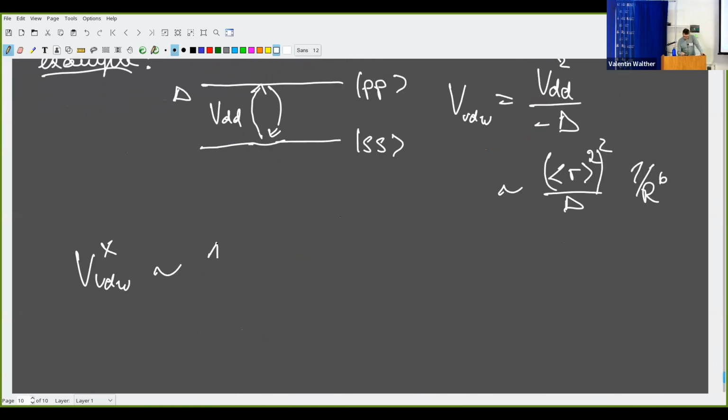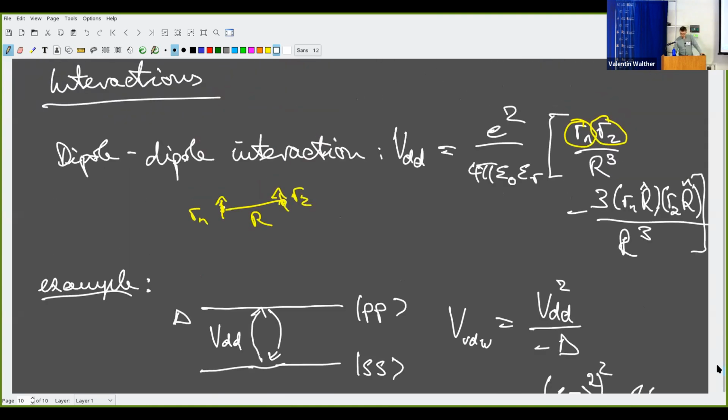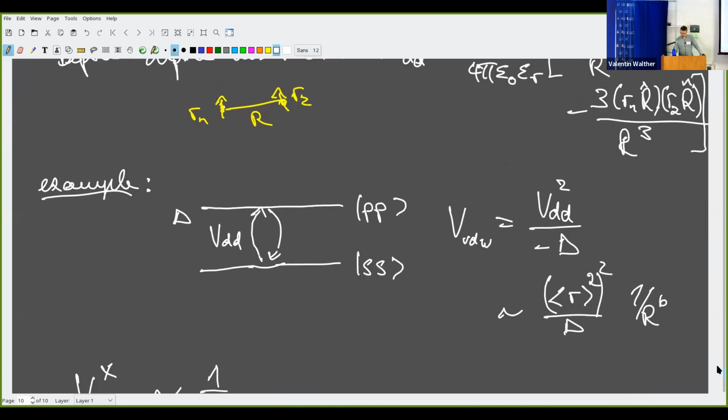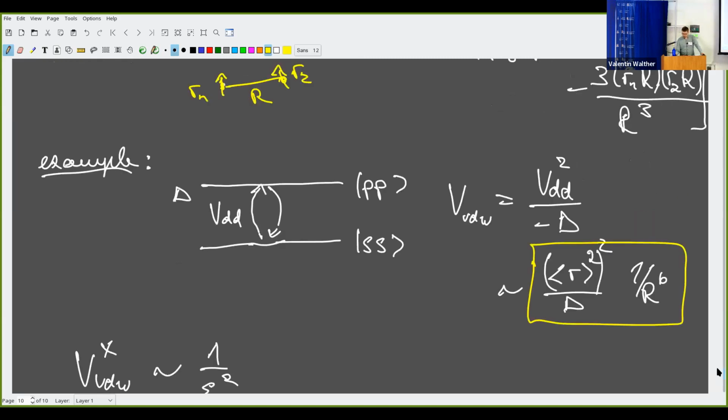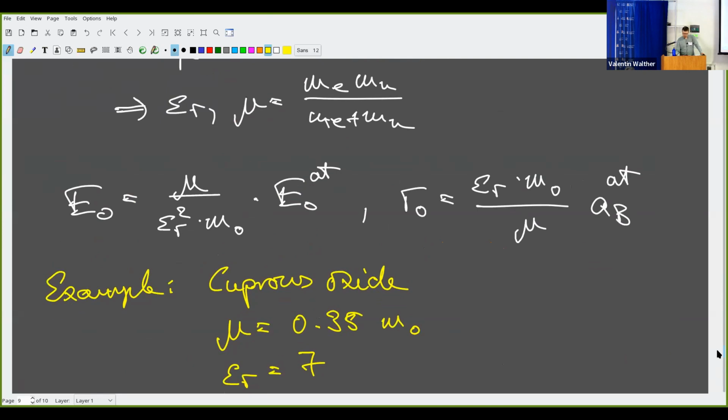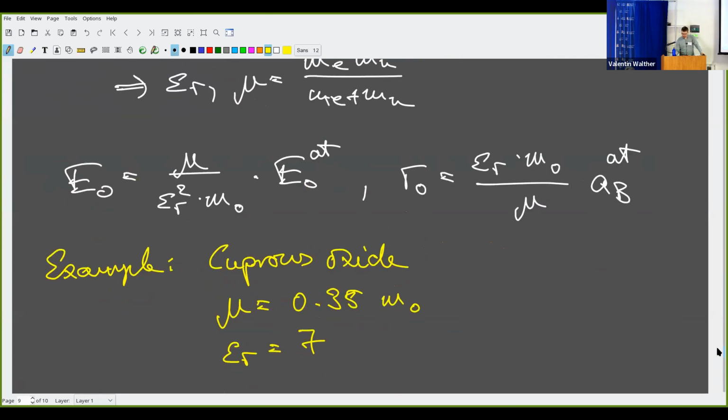So what we pick up is, first, in comparison to atoms, a scaling of 1 over epsilon squared. That just comes directly from the Hamiltonian here. And the remaining parts can just be read off this formula for the dipole interaction. So basically what we have is a length scale taken to the 4th power divided by an energy scale. And what we saw before is how energies and length scales scale.